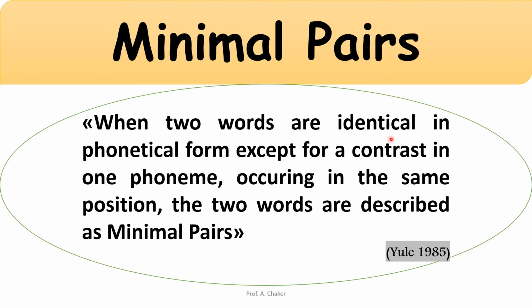When two words are identical, are the same, in phonetic form except for a contrast in one phoneme, occurring in the same position, the two words are described as minimal pairs. So this definition presents some characteristics of minimal pairs. We'll see them in a minute.